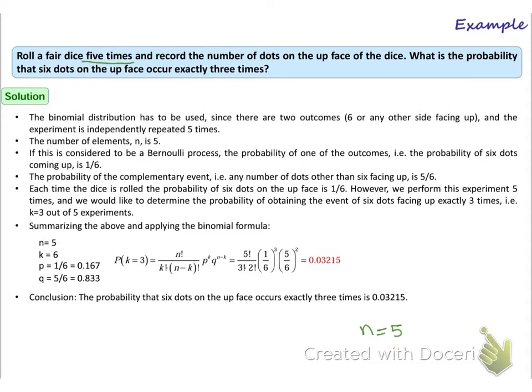He asks us here, what is the probability that 6 dots appear? This is the face which he has here, the 6 dots. What is the probability of this face, regardless of 6 dots or 2 dots, appearing on the top, occurring exactly 3 times? So this face either will appear or not appear.